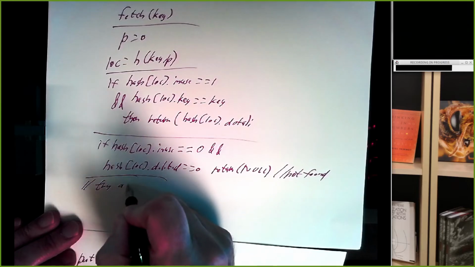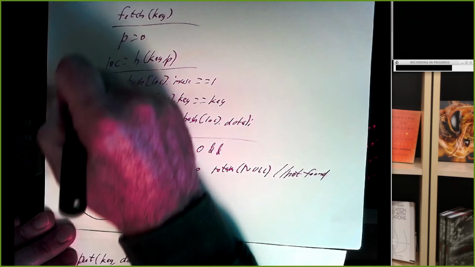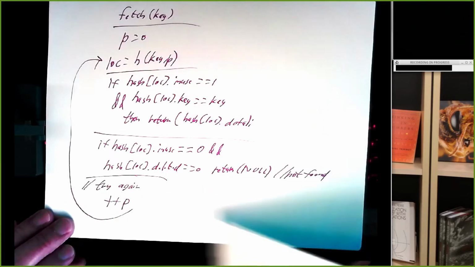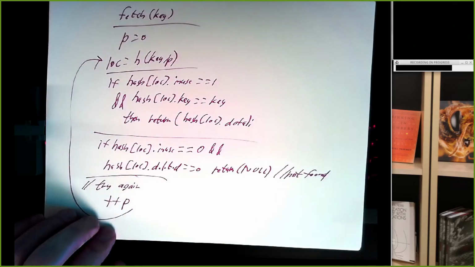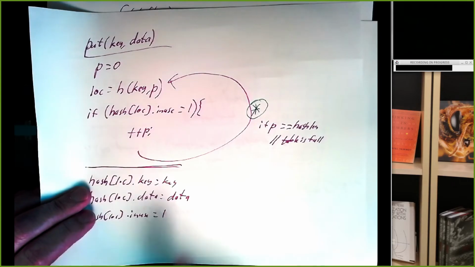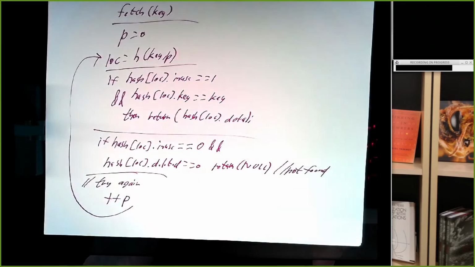So here we say try again, we increment p, and we go back up here and we make another probe, with the same requirement that we do something to make sure we don't infinite loop here. Make sure we're not just repeatedly trying again and again and again.